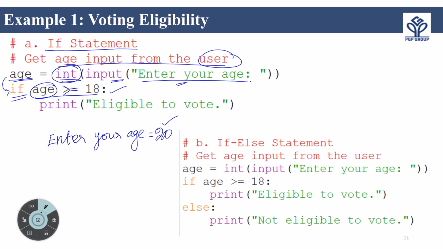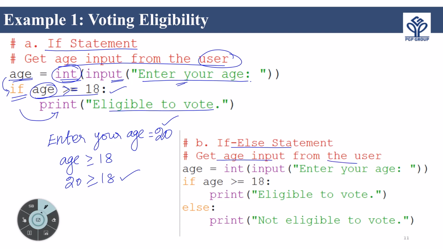Our condition is age greater than or equal to 18. So check 20 greater than or equal to 18. Is the condition true or false? True. So it prints eligible to vote. Clear?